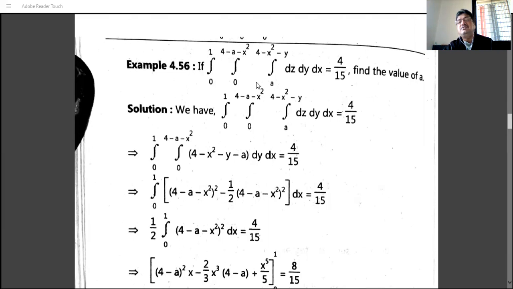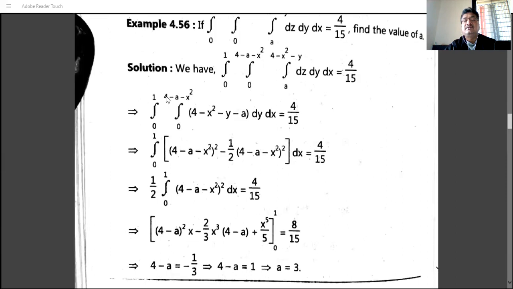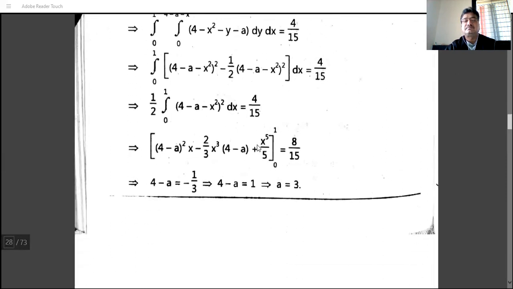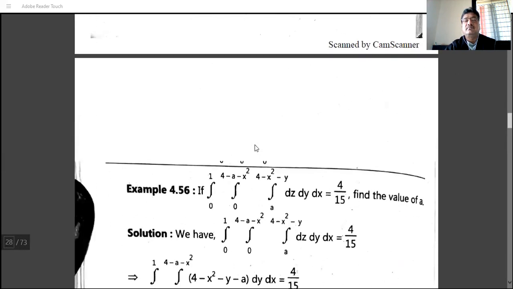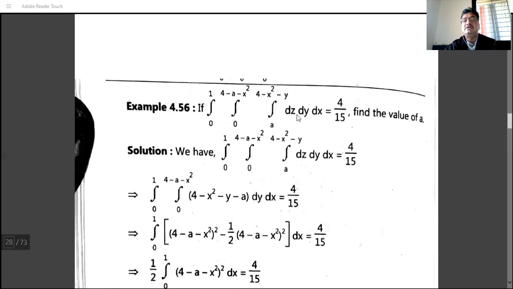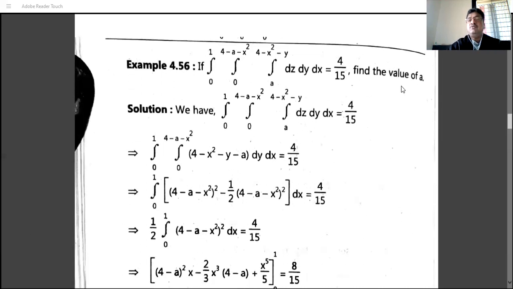So this is the limit on z, this is the limit on y, and this is the limit on x. So first step, this is equal to, z runs from this to this, y runs from this to this, and x runs from 0 to 1, right? And we have to find the value of a.